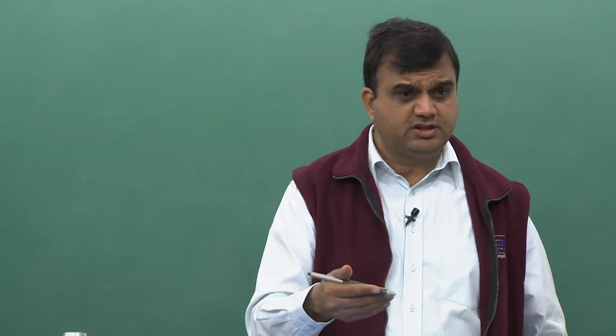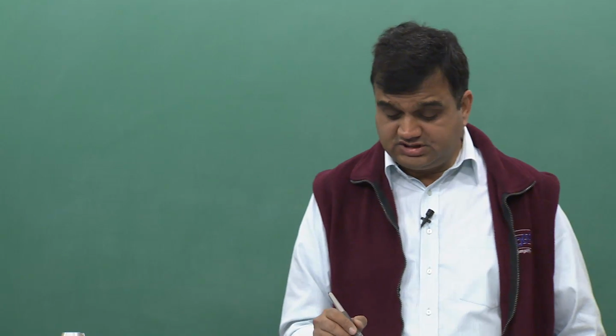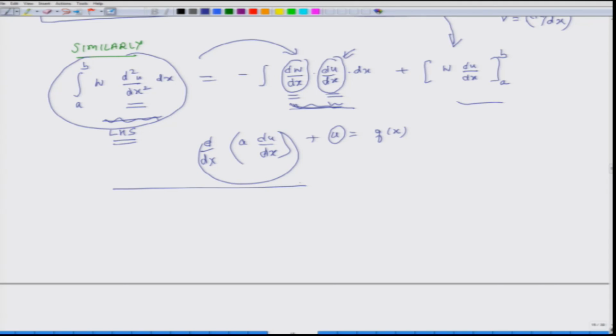And then there are some more advantages of this thing. So, what we have done is, in this case, in the LHS, the differentiability requirement for u was C2. We needed a C2 class of a function.